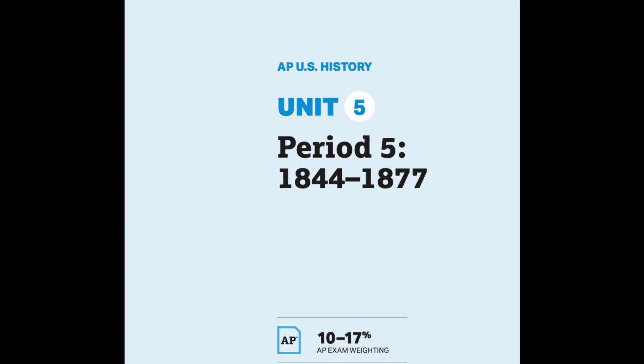So that debate about slavery starts almost immediately after the end of the Mexican-American War. It is triggered by a combination of things. The California Gold Rush is a big part of it, which we'll get to in a minute. But the first really major issue is what's called the Wilmot Proviso. It's named after a congressman.